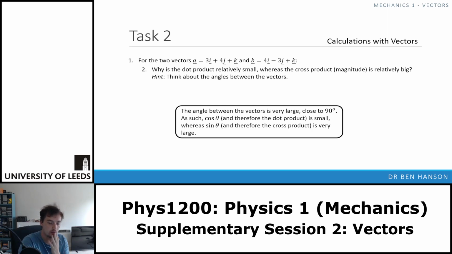So, the cross product, you've probably not used it before, but you've used a simplified version of it before. If you ever learned at A level or at GCSE about magnetism, and you learned that the force because of a magnet on a charge that's moving with a speed, force equals BQV, or magnetic field times the charge times the speed of that charge.